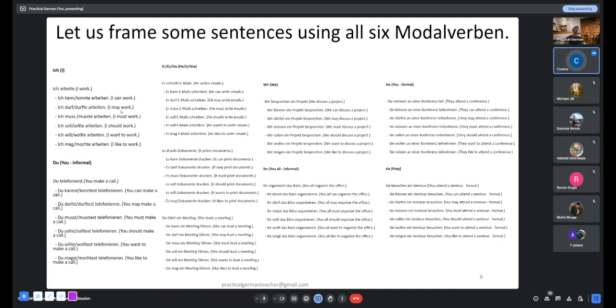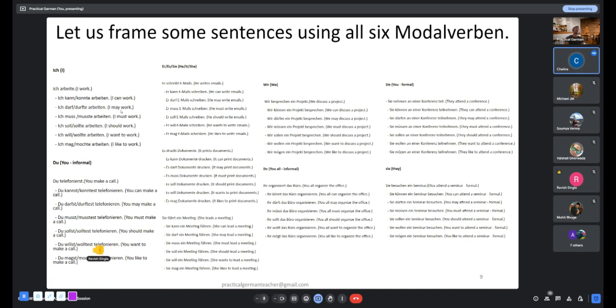It's the same as ich. So the conjugation in Präteritum, if you know it for ich, you know it for er, sie, es. Er konnte E-Mails schreiben.